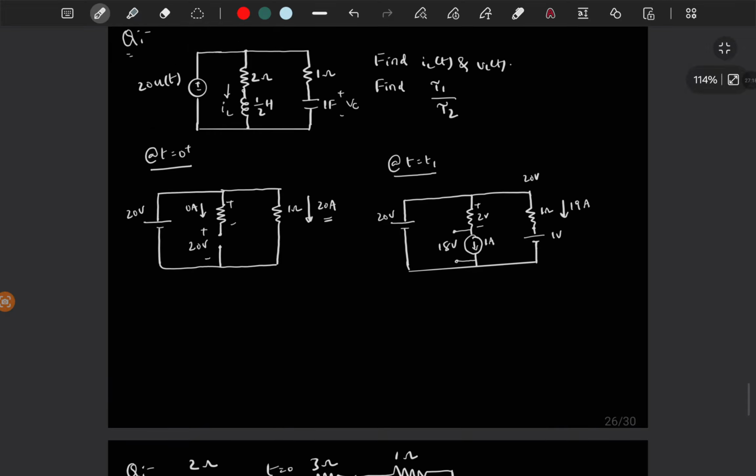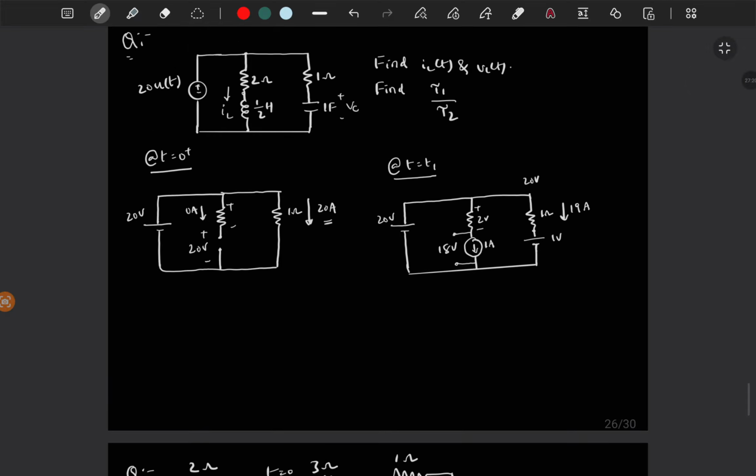So are these two charging independently? So if I take separately, I have 20 u of t and let's say I have this circuit and this circuit.